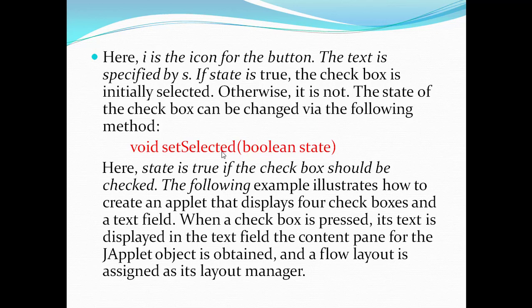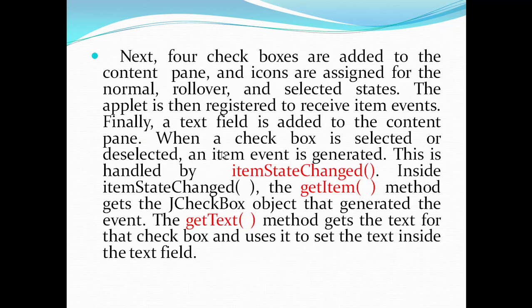Consider an example. The following example illustrates how to create an applet that displays 4 checkboxes and a text field. When a checkbox is pressed, its text is displayed in the text field. The content pane for the JApplet object is obtained and a flow layout is assigned as its layout manager.